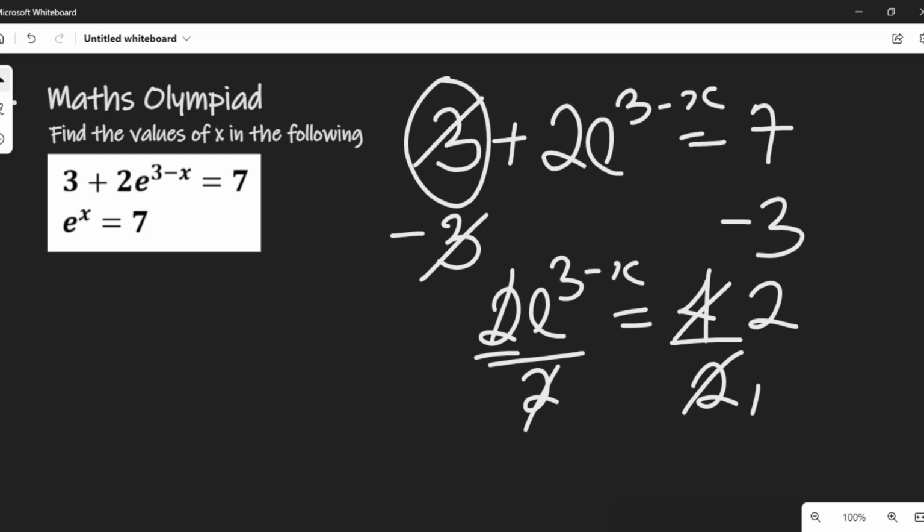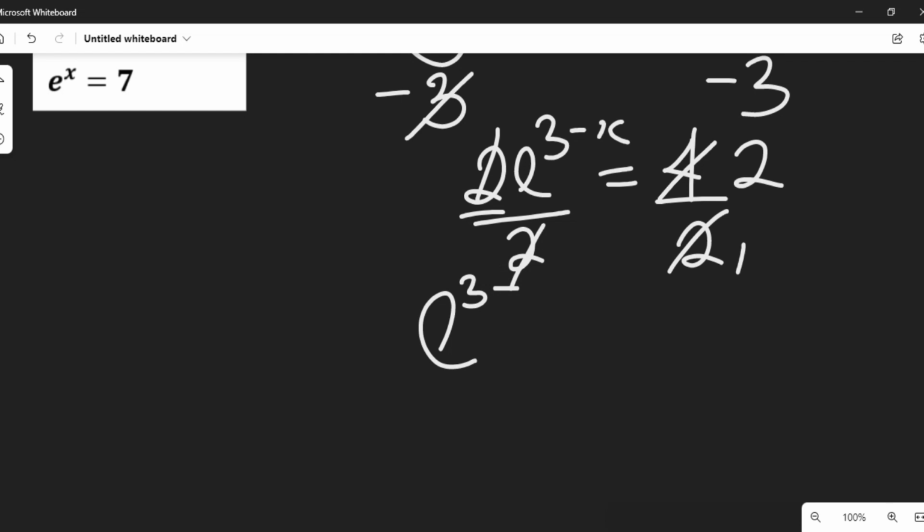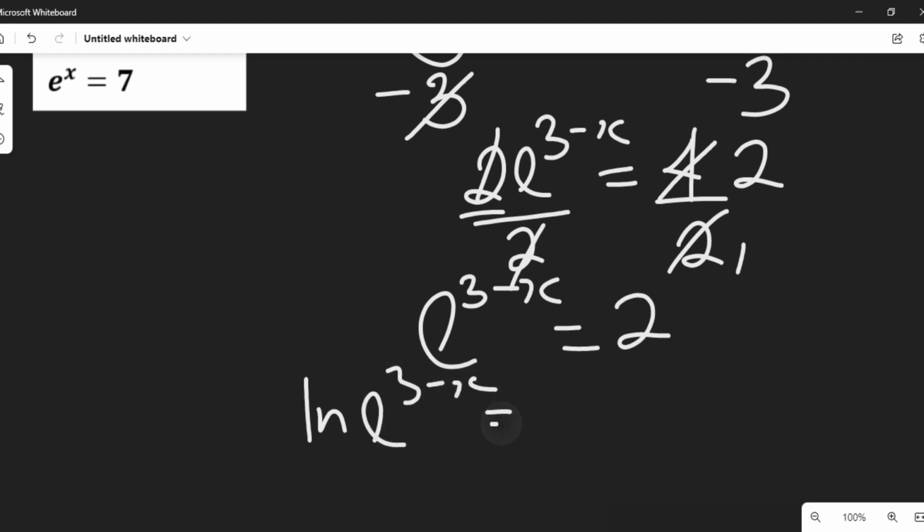Having gotten this, we can now take the natural log of both sides. If we take the natural log of both sides, this will give us ln of e to the power of 3 minus x equal to ln of 2.